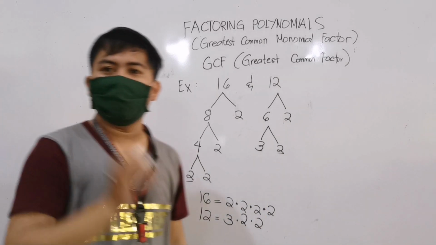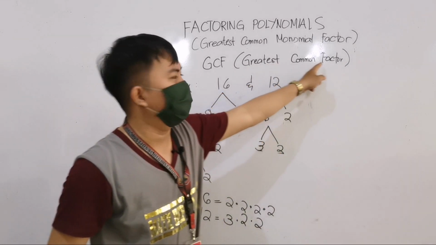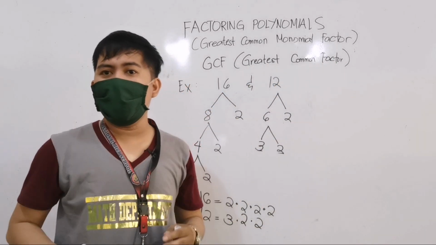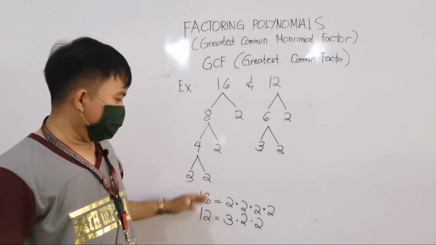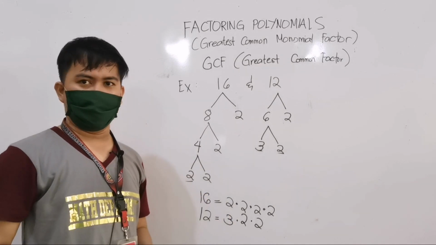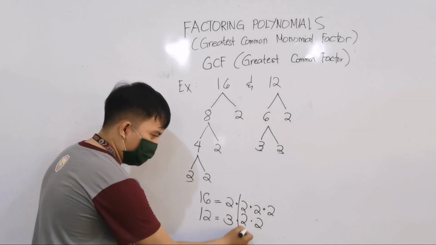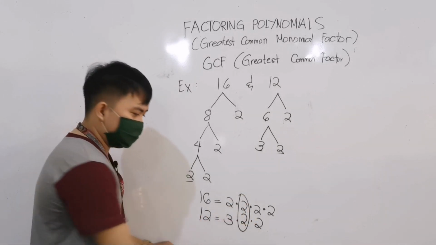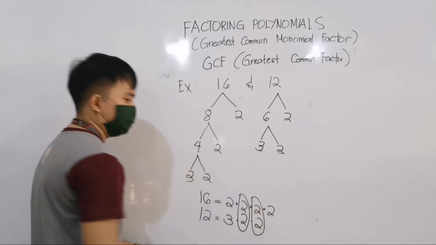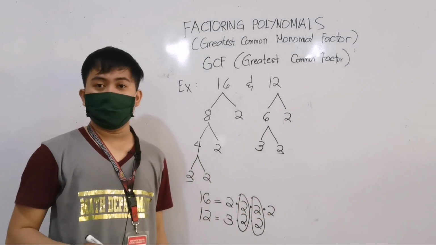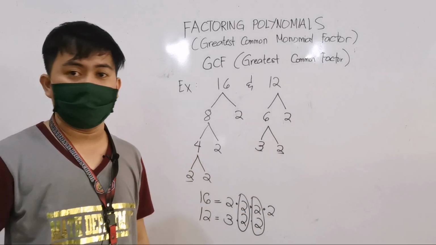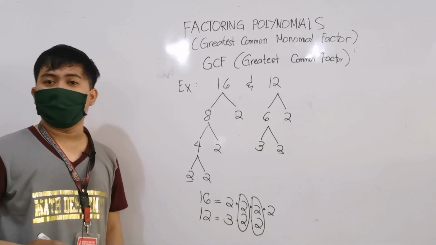Okay. And since tinawag po siya na greatest common factor, hahanapin po natin kung alin sa mga factors ang common sa dalawa. 2 and 3 are not common. 2 and 2 are. And as well as the other one. Si 2 wala ng partner. Dapat kasi yan partner.